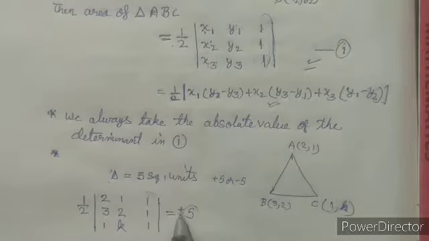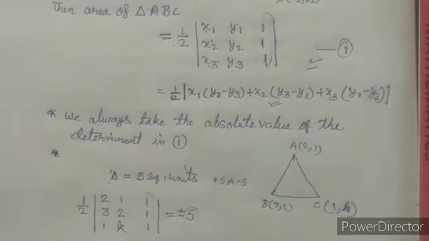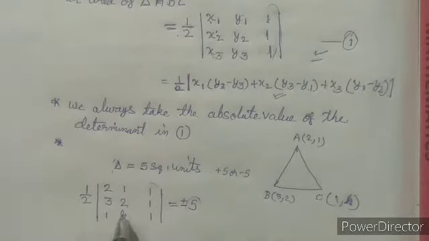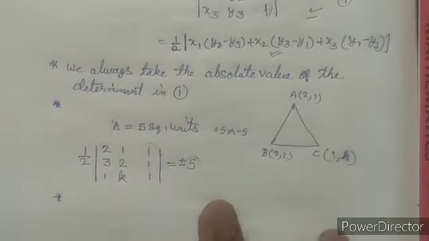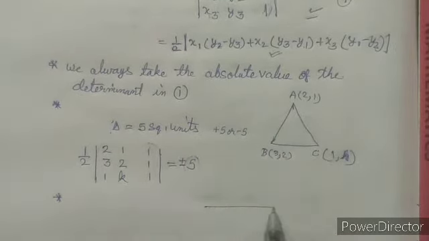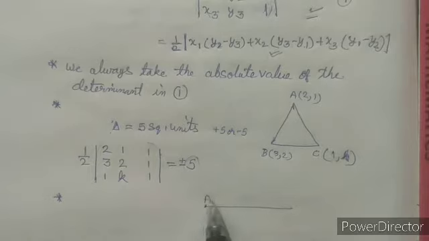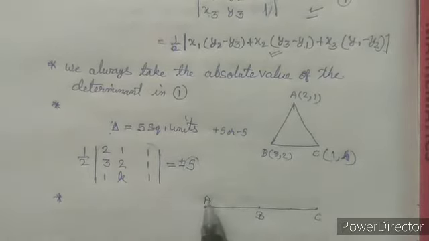So we will take this 5 as plus or minus 5 whenever we want to find the coordinates of any of the vertices. Now if three collinear points are given, suppose there are three collinear points A, B and C. Collinear means on the same line.